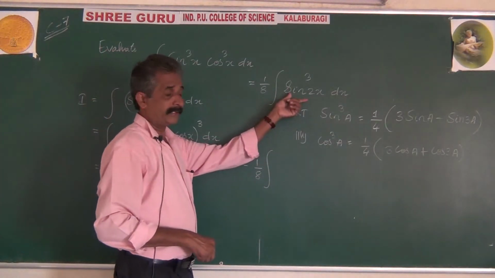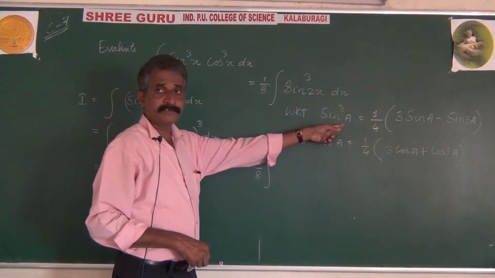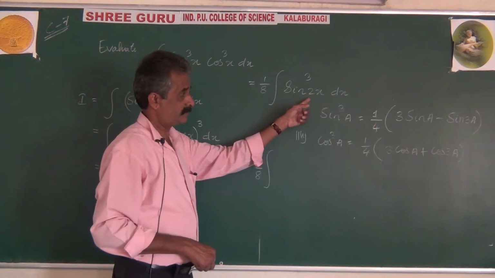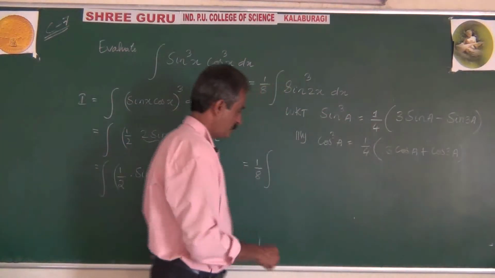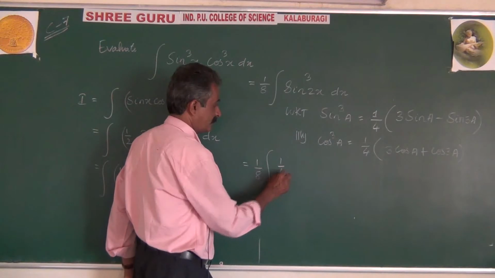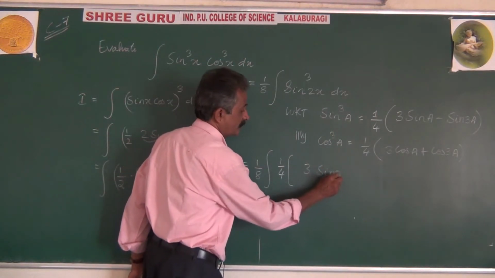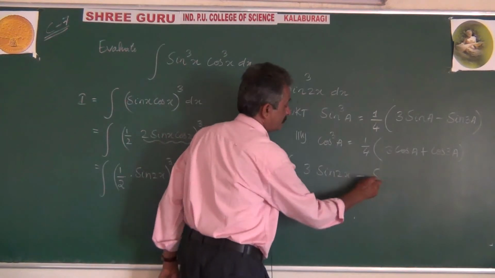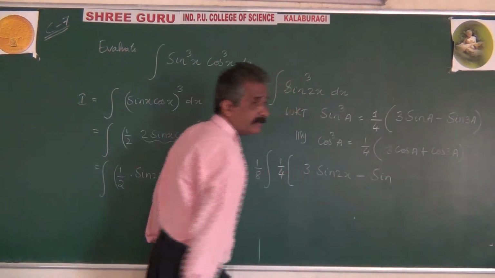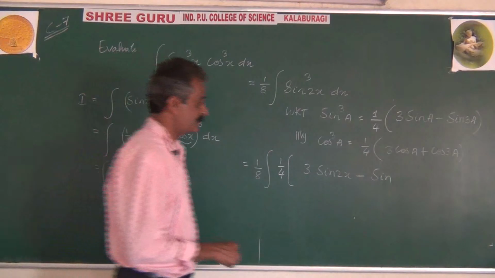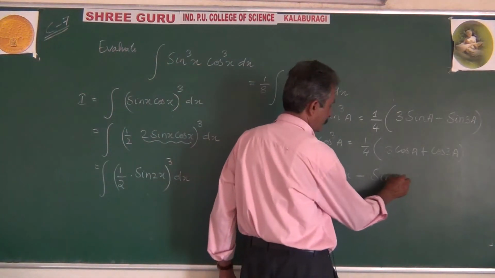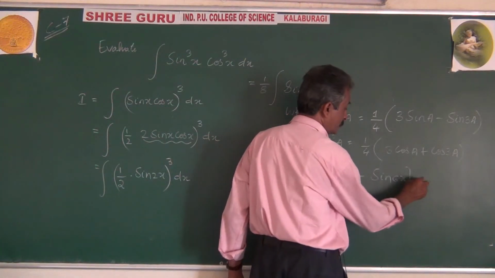It is just like sin cube a; in the place of a, we have 2x. So here what we get is 1 by 4 into bracket 3 sin 2x minus sin of 3 into 2x, which will become 6x. You wrote this step correctly.